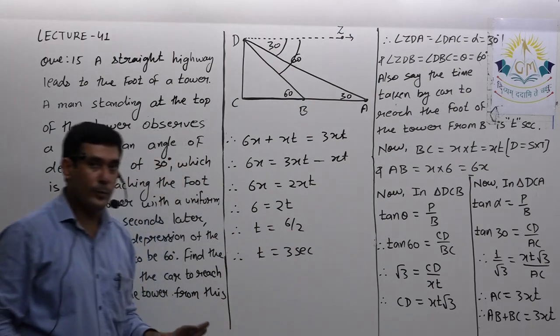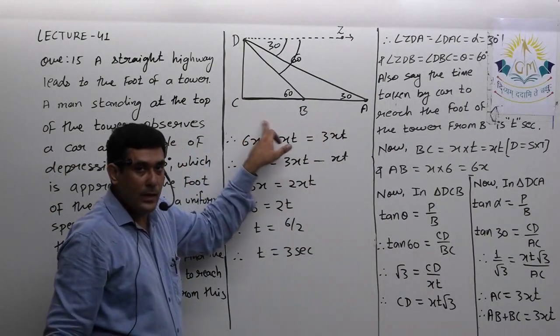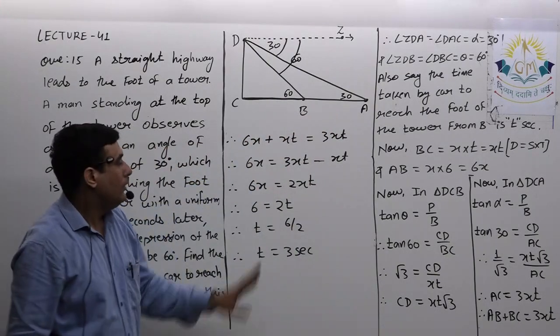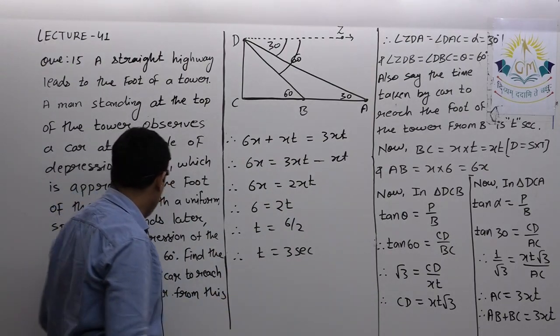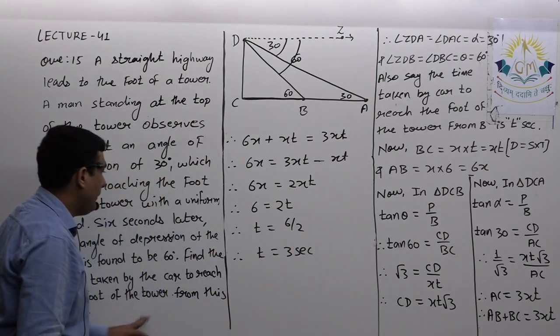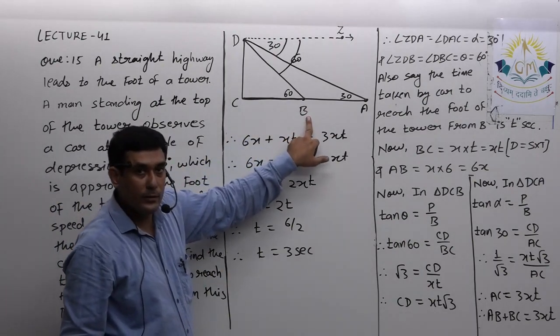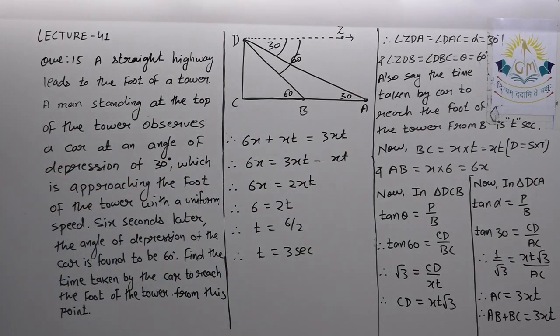So read the question properly, whether they are asking the total time taken by the car or the time taken by the car from point B. So this is the final solution. Here you just have to write the concluding line, that is, time taken by the car to reach the foot of the tower from this point is 3 seconds. Please note down this remaining solution.